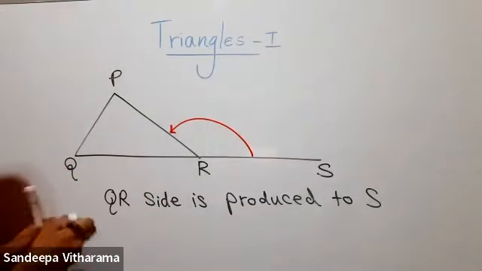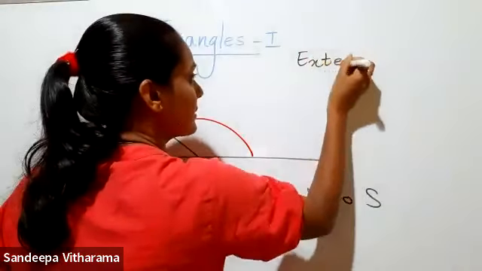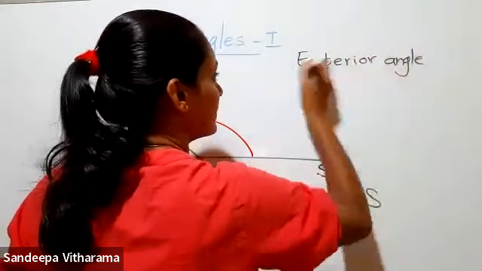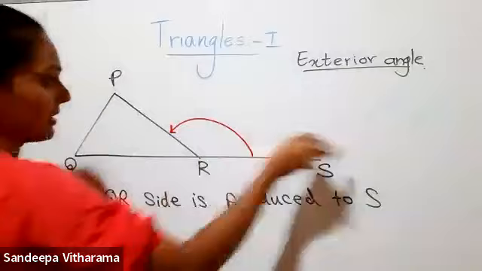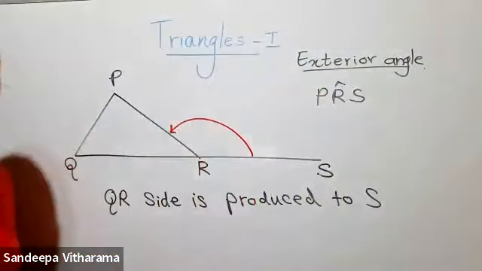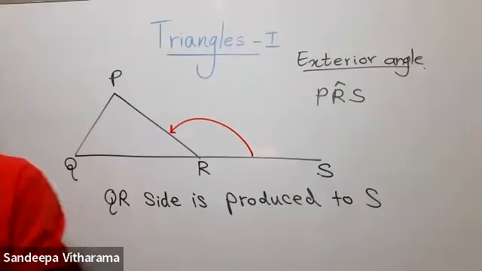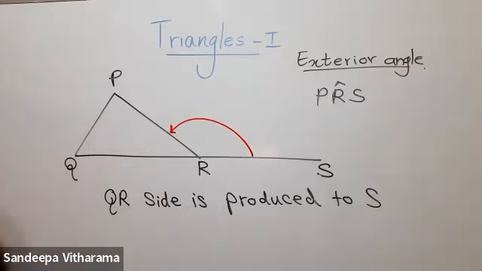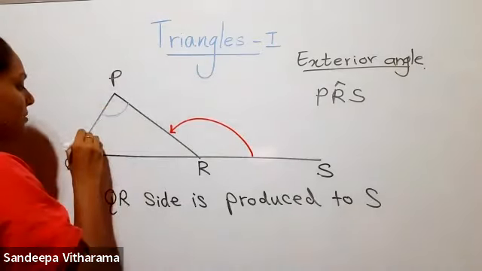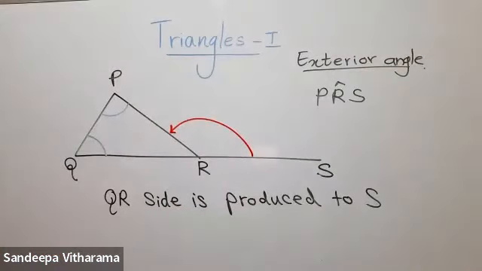Then we can say what the exterior angle is. Exterior angle is the PRS angle. PRS is the exterior angle. Then when it becomes the exterior angle, at the same time these two are interior angles. We know these are interior angles.